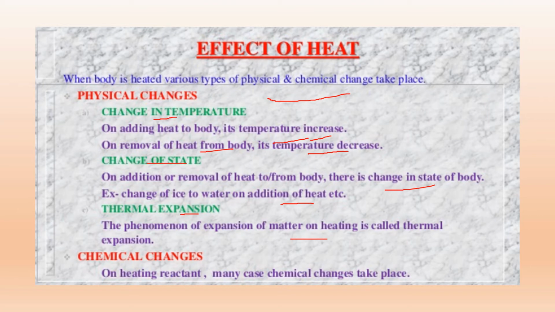Now the chemical changes: on heating reactants, in many cases chemical changes take place. Basically when the body is heated, chemical changes also take place in that body. So these are the physical and chemical changes, that is, the effects of heat.